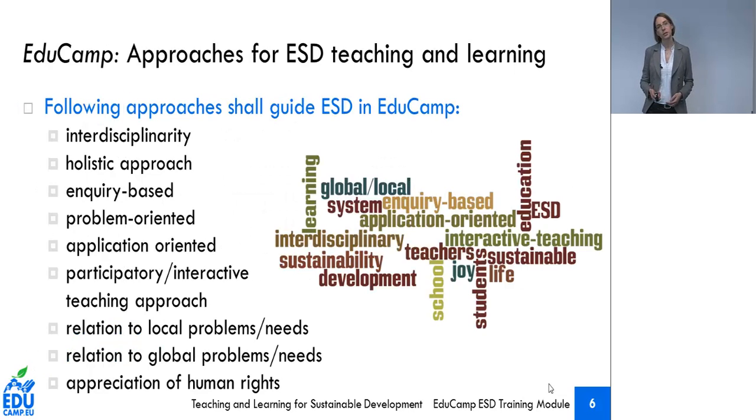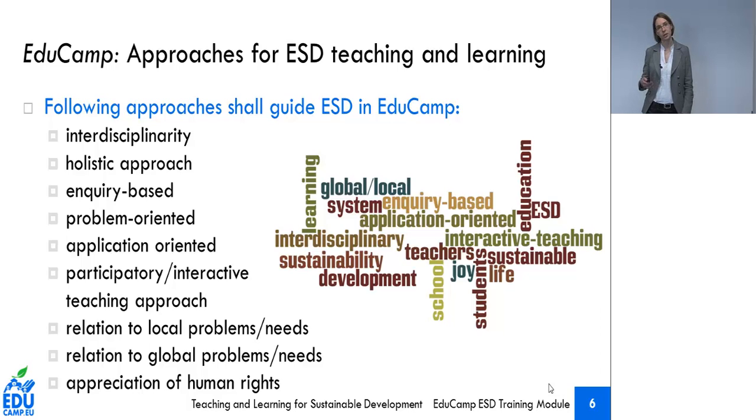In the EduCamp project, at the beginning of the project, we identified some approaches, principles which we think are important when we would like to teach and learn education for sustainable development. And these are the approaches. Learning and teaching should be interdisciplinary.